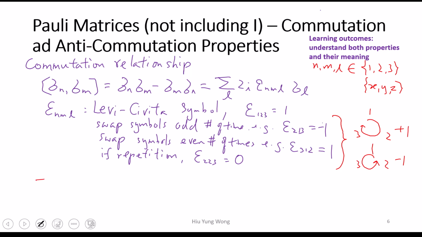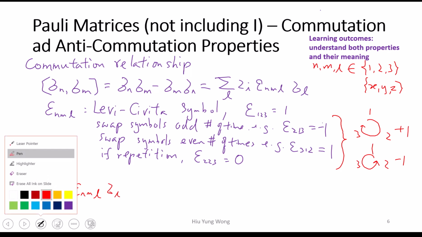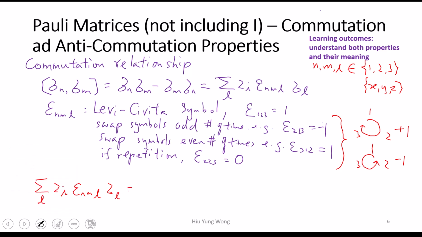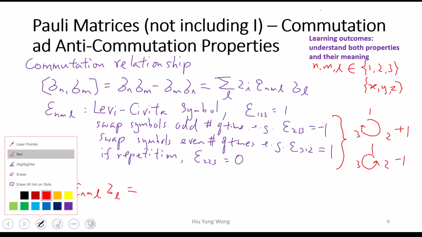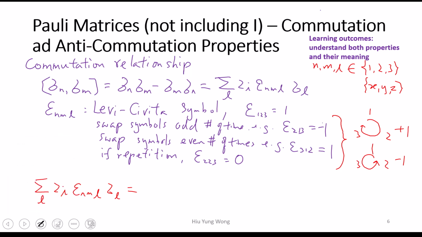For example, what is the summation over l of 2i epsilon nml sigma l? What does it mean? This is a good practice. Let's do this step by step. It means, maybe I better make this clear. When we do the summation, it means go from 1 to 3.